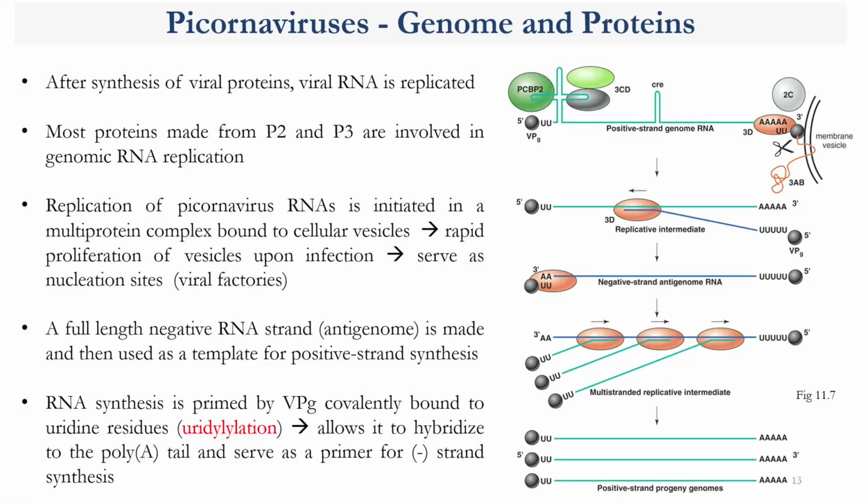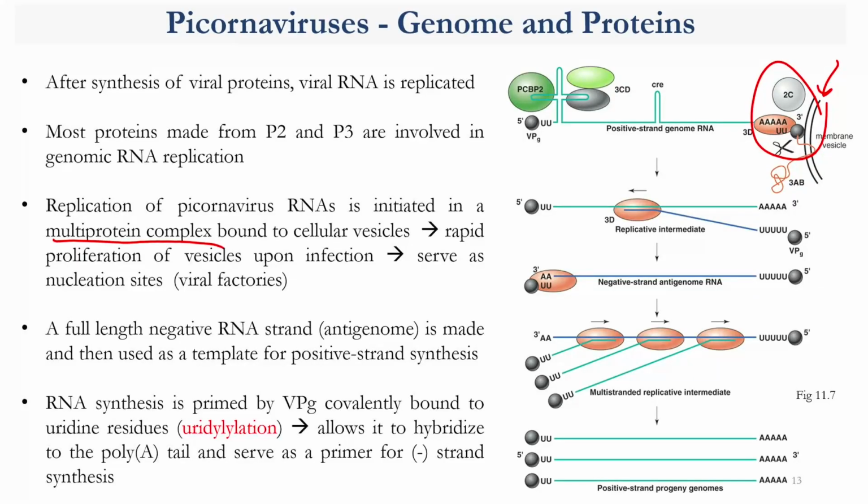Now, most proteins that you make from P2 and P3, they are involved in replication of the genome. And the way it works is you initiate the replication using this multi-protein complex that is bound to cellular vesicles. Where else have you seen this? So here's your membrane vesicle, and you have a complex that binds and holds the RNA to those vesicles.